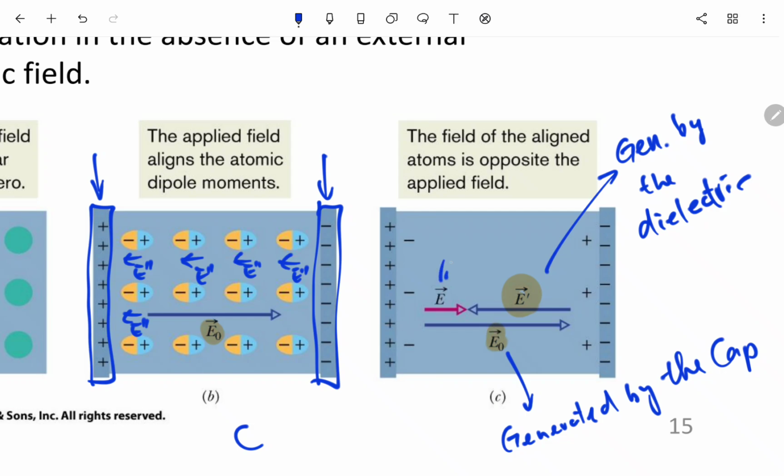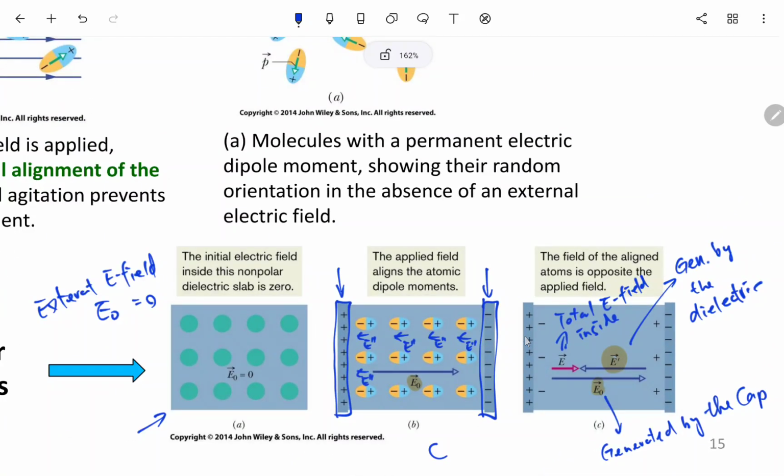So this is the total E field inside, which is this one. Okay, so it turns out that this E field will be smaller than the original external E field. So this is the property for the dielectric material.